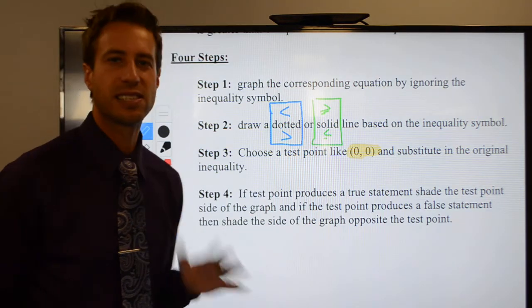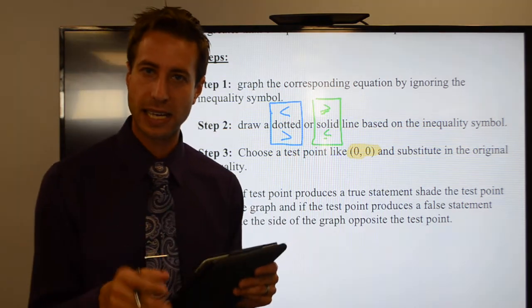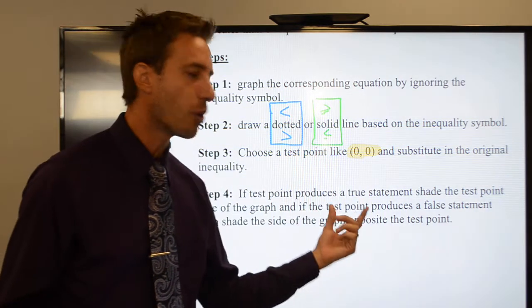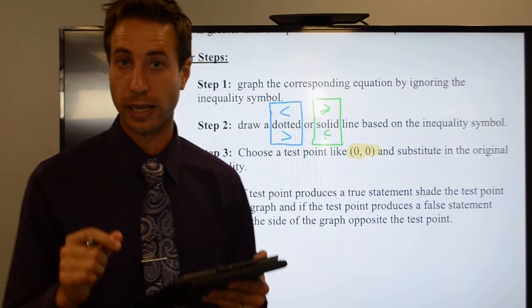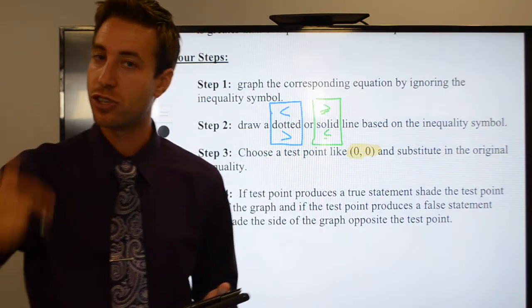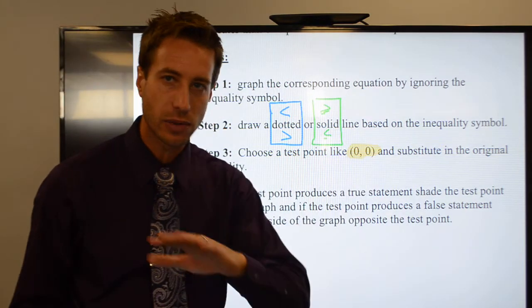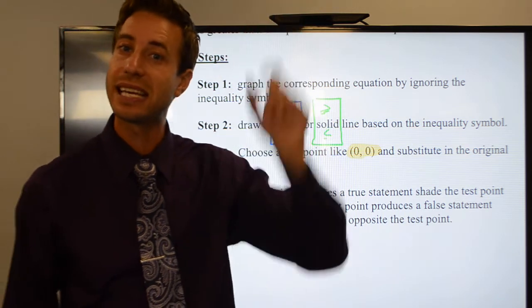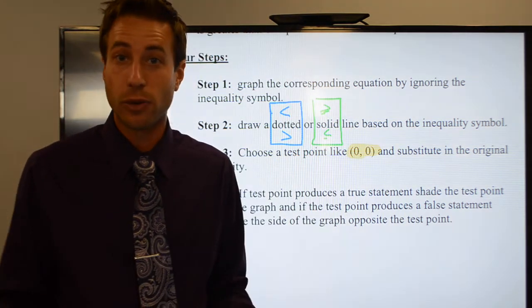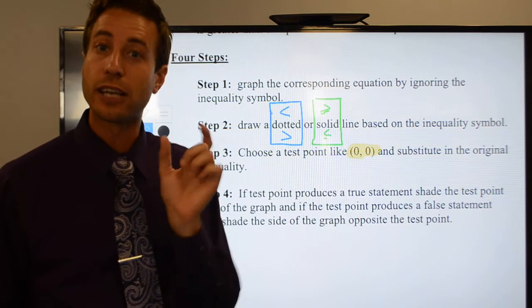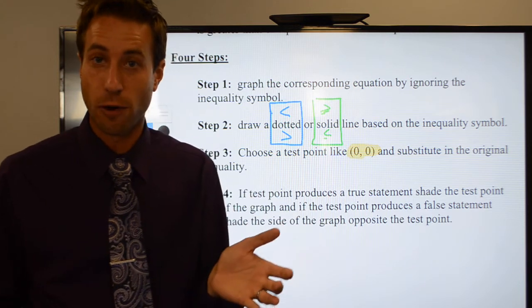And then finally, step 4. Now that I've chosen my test point, I'm going to plug that point into my inequality. I go back to the equation I was originally given. I plug 0, 0, or whatever your test point is, into the inequality and evaluate it. You're either going to get a true statement or you're going to get a false statement.